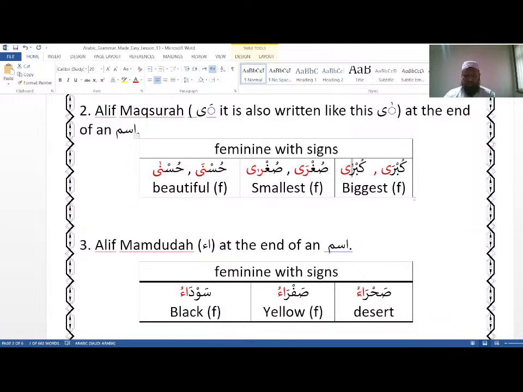But over this one, the last letter, I didn't put any tanween. Sahra'u, safra'u, sawda'u, only one dhamma. So what is the rule that we've learned? When can an ism have one haraka, not tanween?